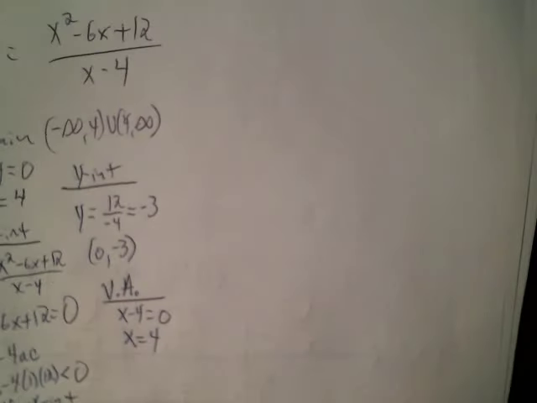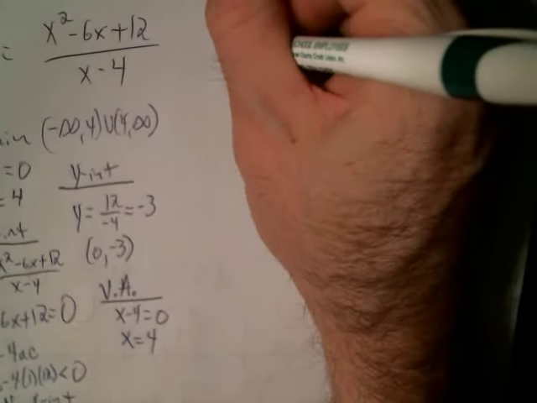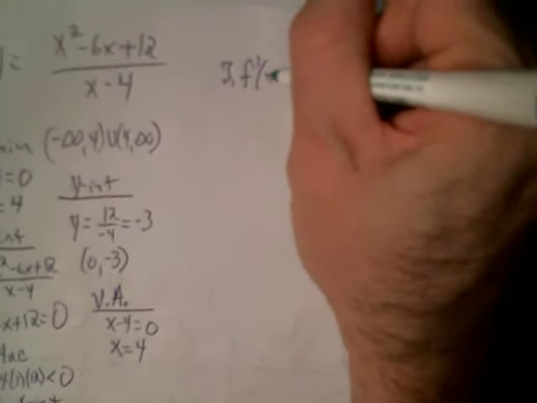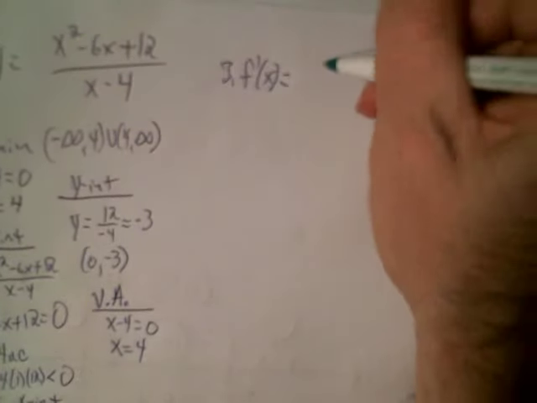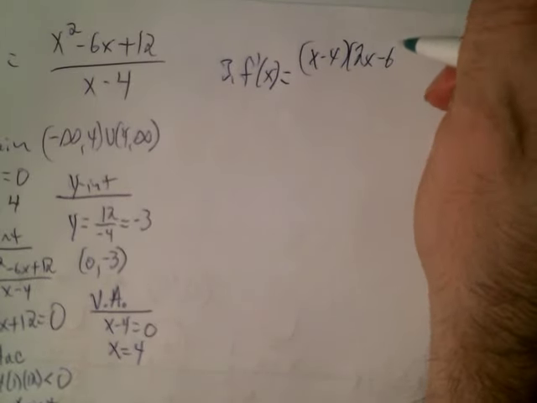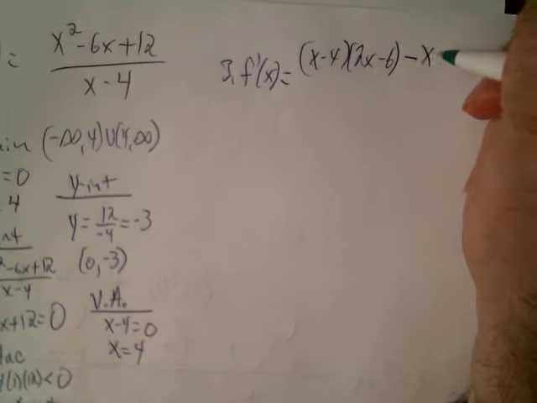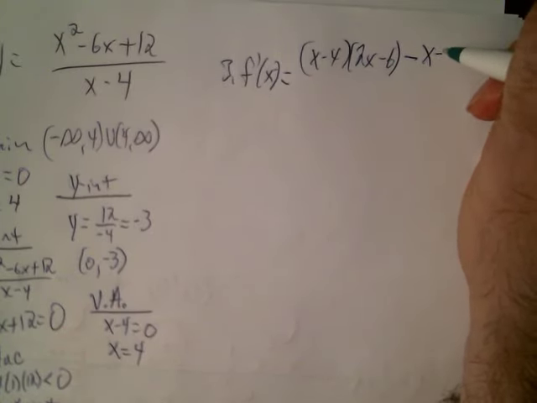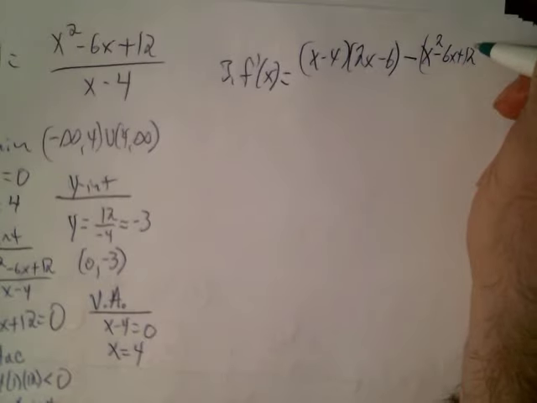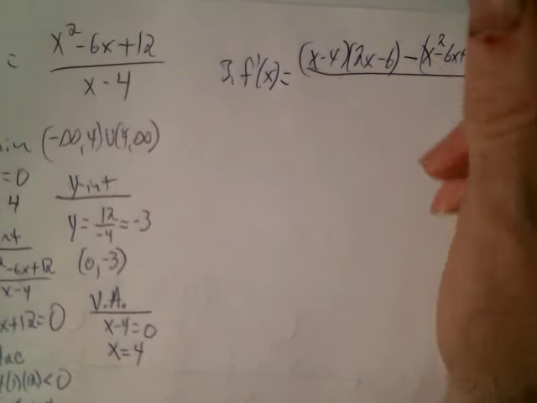Anyways, there's that. We need the first and second derivatives. So we're going to have to use a quotient rule. So f prime of x is low d high minus high times the derivative of the low. Derivative of the low is just 1.